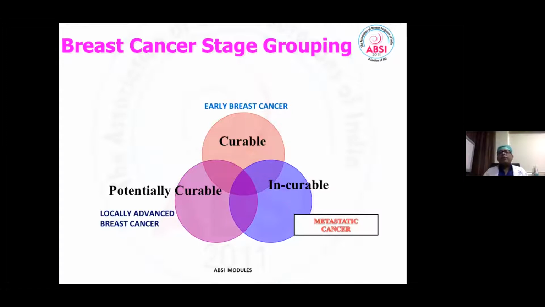Now, therefore, we are faced with diseases which are early breast cancer, which are absolutely curable, to locally advanced breast cancer, which are potentially curable, to once they become metastatic, it is incurable, though of course with the recent advances in molecular biology and molecular targeting, we are able to extend the survival to 5 years or even more than that.